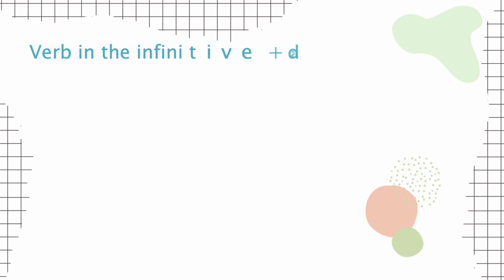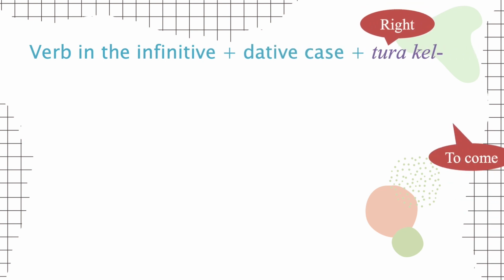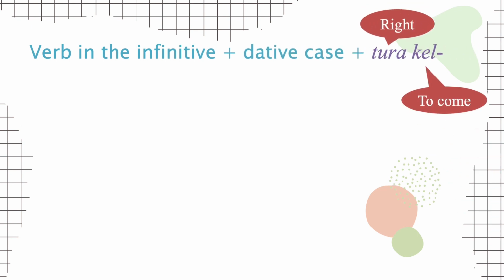The verbal phrase тура кел can be used after the dative-marked infinitives to express a weaker necessity. Тура кел is a grammaticalized verbal phrase that contains an adverb тура, right, and the verb кел, to come. This phrase cannot be divided by any other element. The verb кел takes the third person ending and does not agree with the subject.